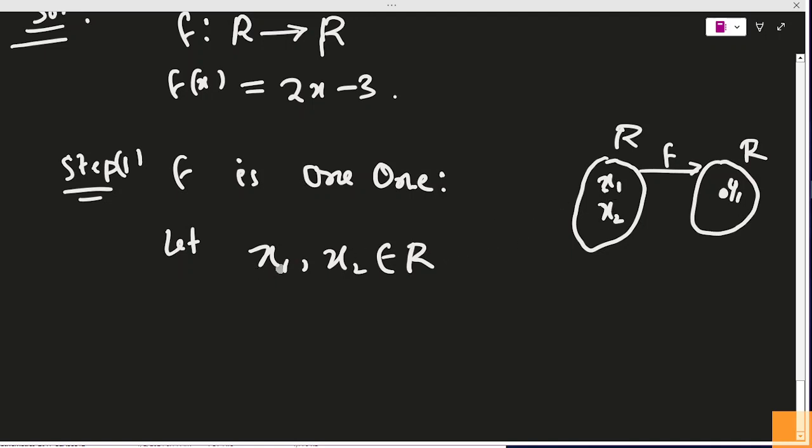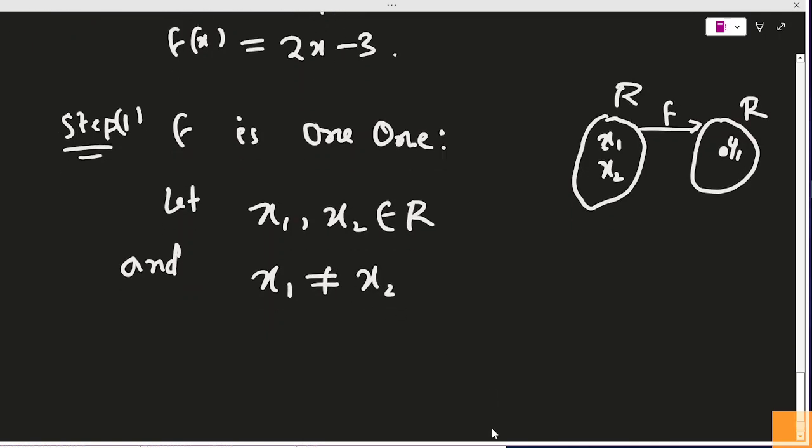Domain is R. Let x1, x2 belongs to R and x1 is not equal to x2, right? अभी हमें क्या मिलना होगा? f of x1 not equal f of x2. अगर यहाँ से x1 not equal x2 होते हैं, फिर भी f of x1 is equal to f of x2 अगर मिल जाता है, तो ये फंक्शन क्या होगा? 1-1 नहीं होगा, many-1 होगा.